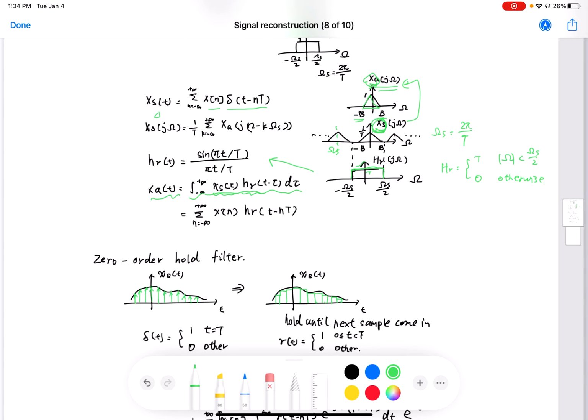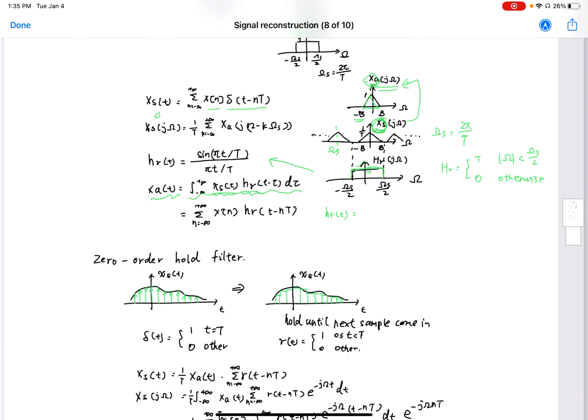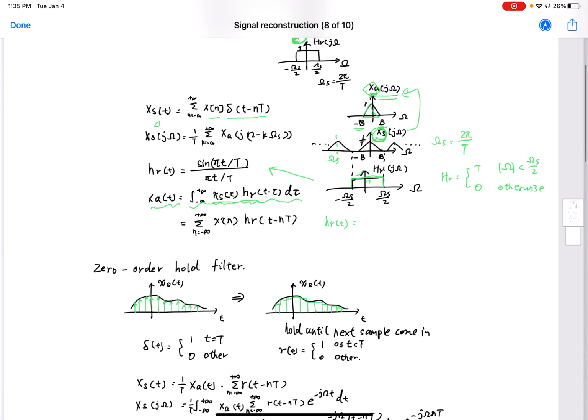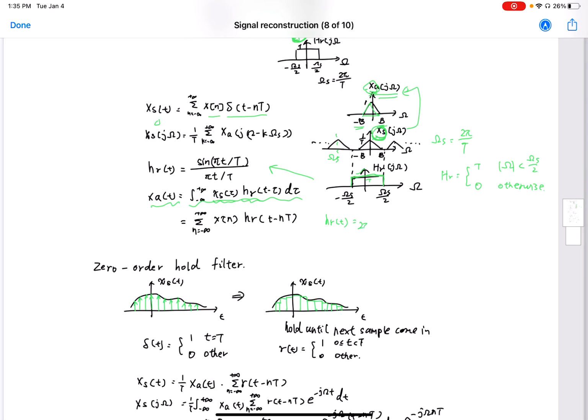So let's derive hr(t). Let's do the inverse Fourier transform. This is the integral from minus infinity to infinity of Hr times e to the j omega t d omega.